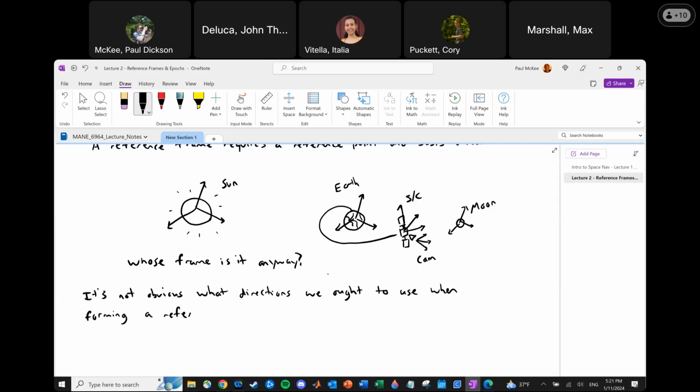And I've already said this, I'm just writing it so it's in the notes. There are no fixed points or directions in space.